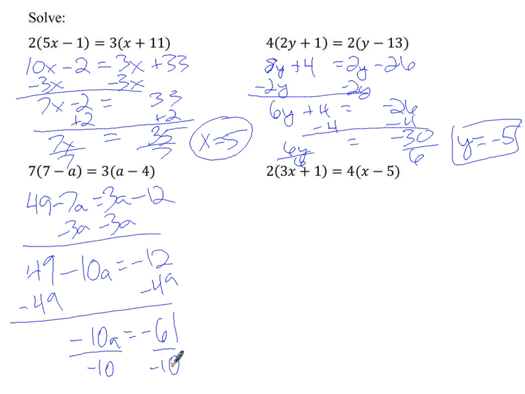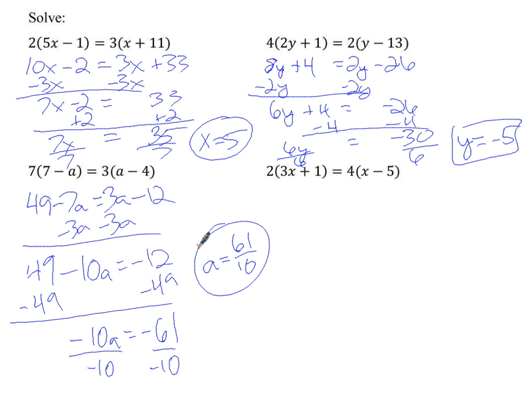We get an equation. a equals, that's a negative 61 divided by a negative 10, which is positive. Negative divided by negative is positive. 61/10 is a fraction. Does it reduce? Nope. 61/10 is your answer.